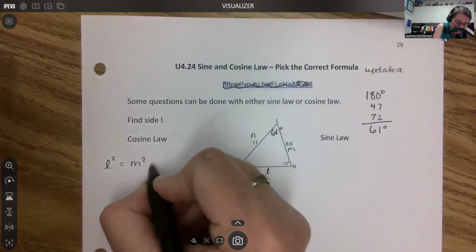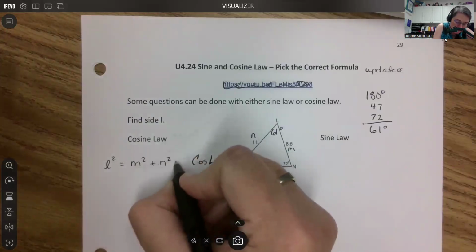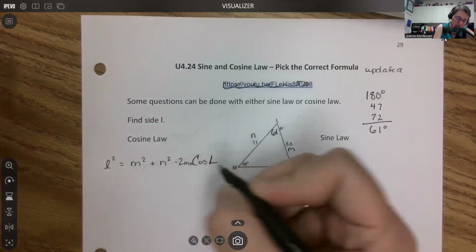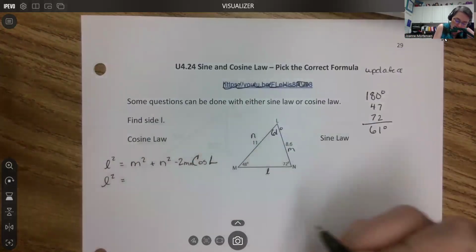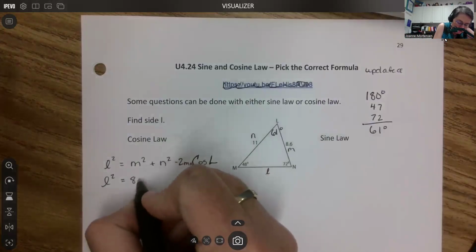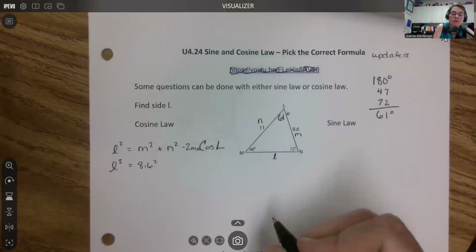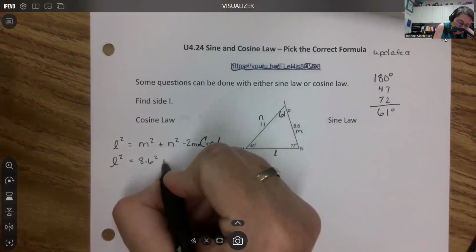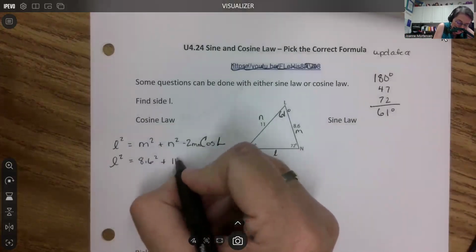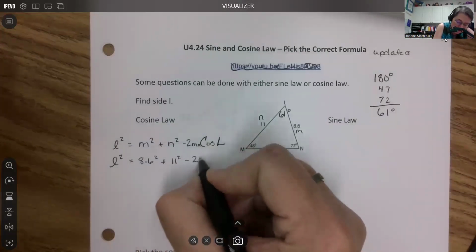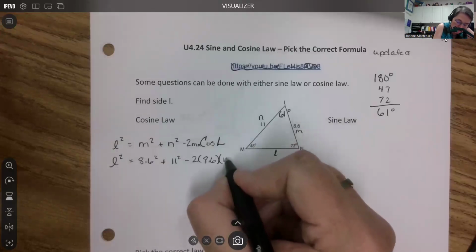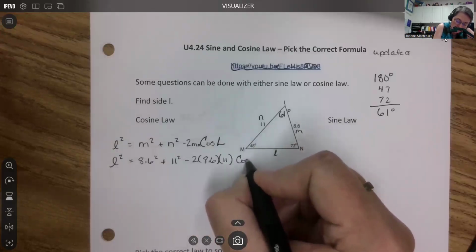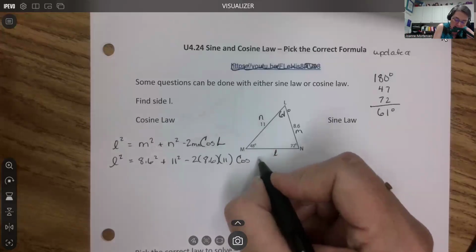L squared equals M squared plus N squared minus 2mn cos L. M is 8.6, plus N is 11, minus 2 times M, 8.6, times N, 11, times cos L, where L is 61 degrees.